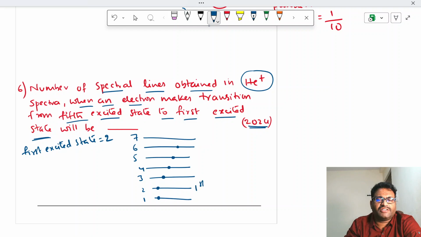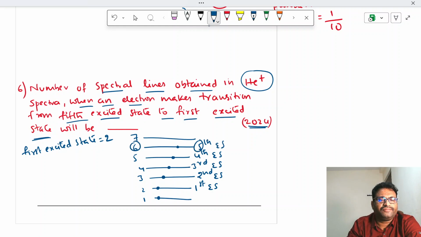What is the fifth excited state here? Sixth orbit. So the fifth excited state is the sixth orbit.